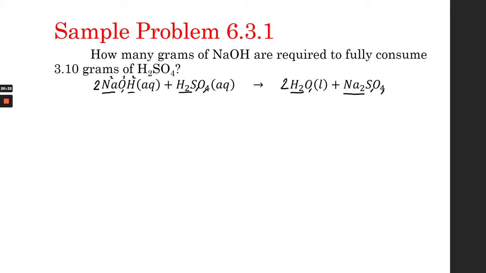This way we have 2 atoms of oxygen here plus 4 atoms of oxygen, so that gives us 6 atoms of oxygen, and this gives us a total of 4 hydrogens, which is the total number of hydrogens on our reactants. So in this way, our chemical equation is now balanced.